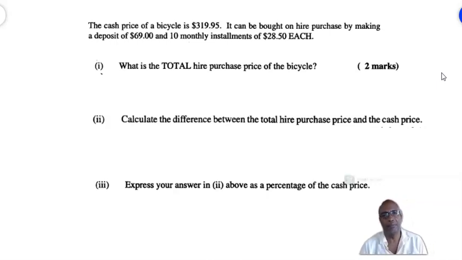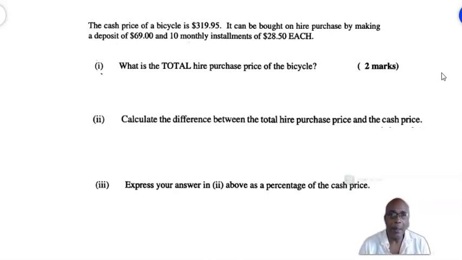$28.50 each. Now, this is hire purchase, where instead of paying the cash price one time for an item, you can pay a lower deposit one time. So in that case, instead of paying $319.95 one time and taking the bicycle, you pay a deposit of $69.